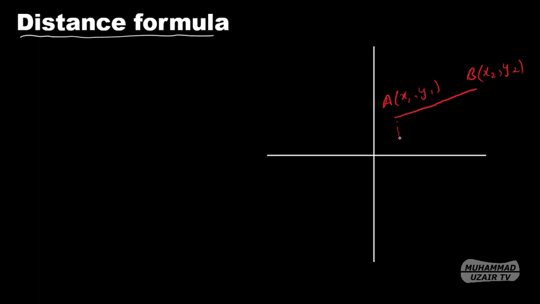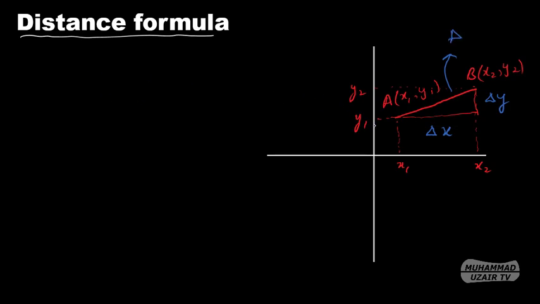So if you want to find the distance between these 2 points, let's suppose this is x1, this is x2, this is y1 and this is y2. We can write this as delta x, delta y, and let's suppose this is d.